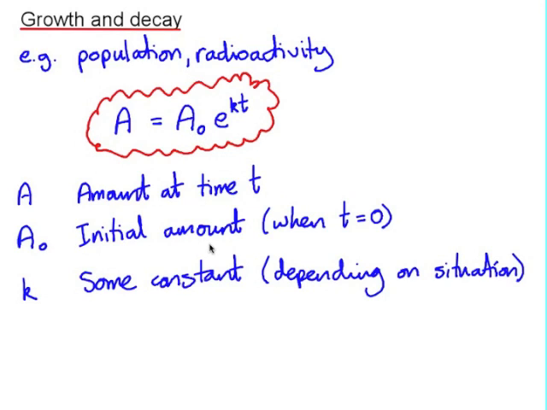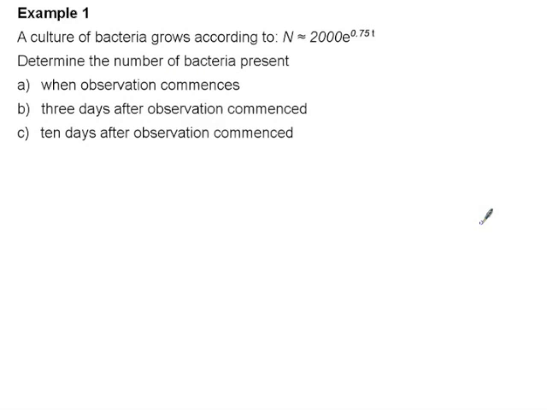A0 is the initial amount, so when t equals 0, and k is some constant which will depend on the particular situation being described. So I'll work through a couple of examples, but ideally you should pause the video now and try them for yourself before watching my solution.